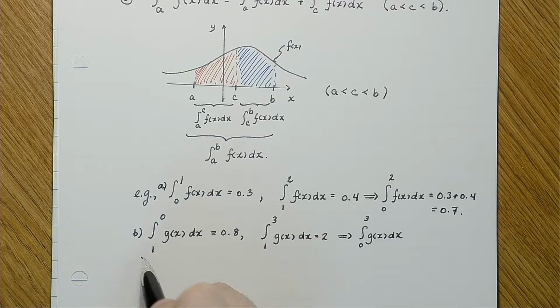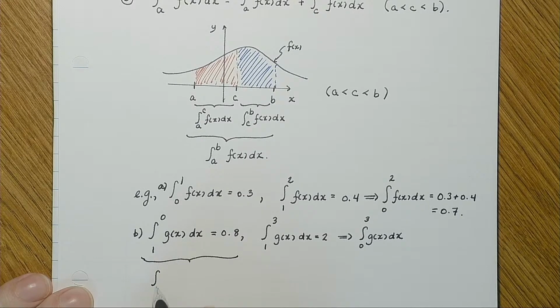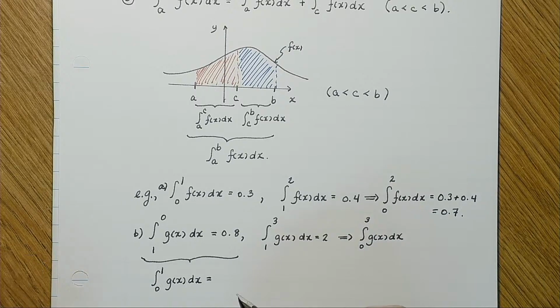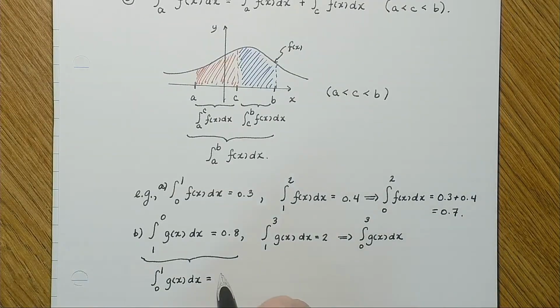To handle this, if I want to flip the order of my limits, using that second property that we just did right here, I know that this will be negative 0.8.